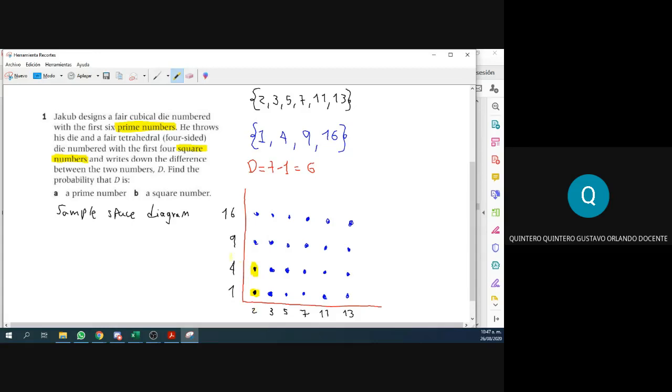This has a 2 and a 9. 2 and 16. What other ones are even? This one is an even one because this one has a 3 and a 4. So one of the values in the dice is even, right? The diagram is absolutely beautiful to let you see all combinations and all sorts of questions like that.